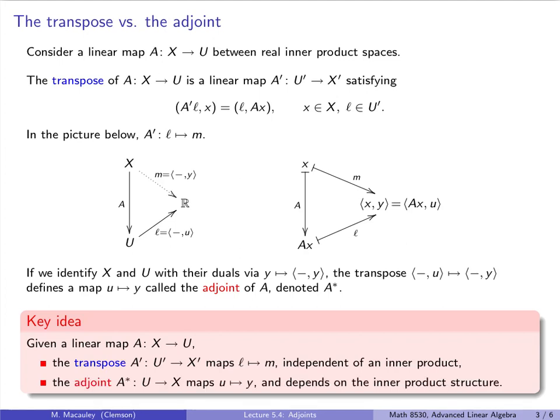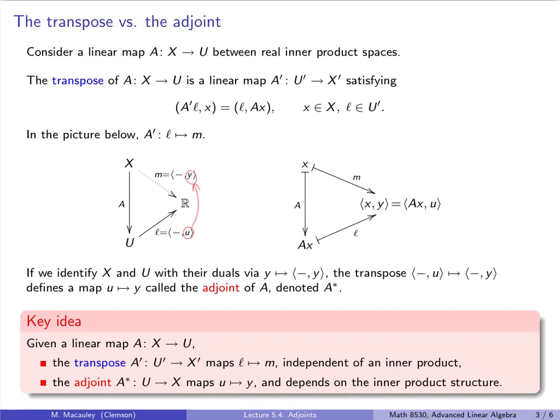Whereas, in contrast, the adjoint map, A star, goes from U to X. It maps U to Y, specifically this U to this Y, and this depends on the inner product structures put on X and U. So if we change the inner product, then these linear functionals correspond with different vectors here.